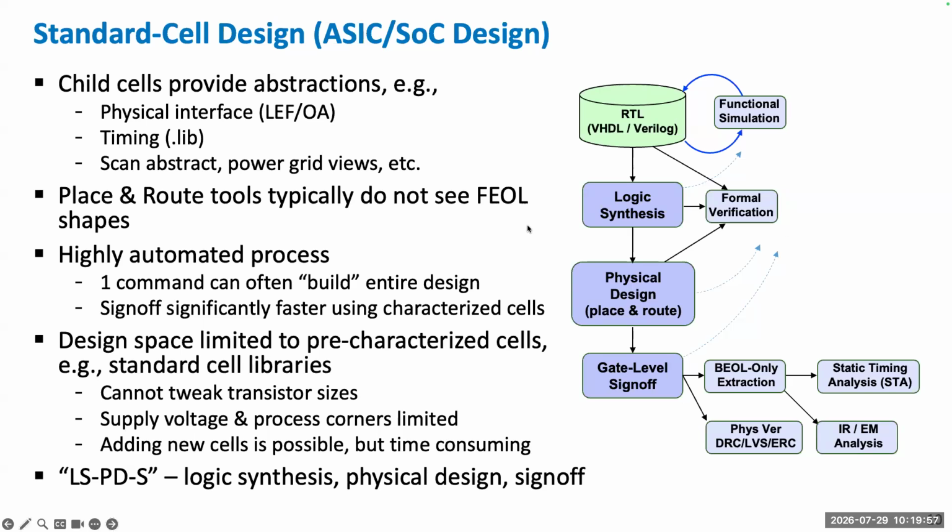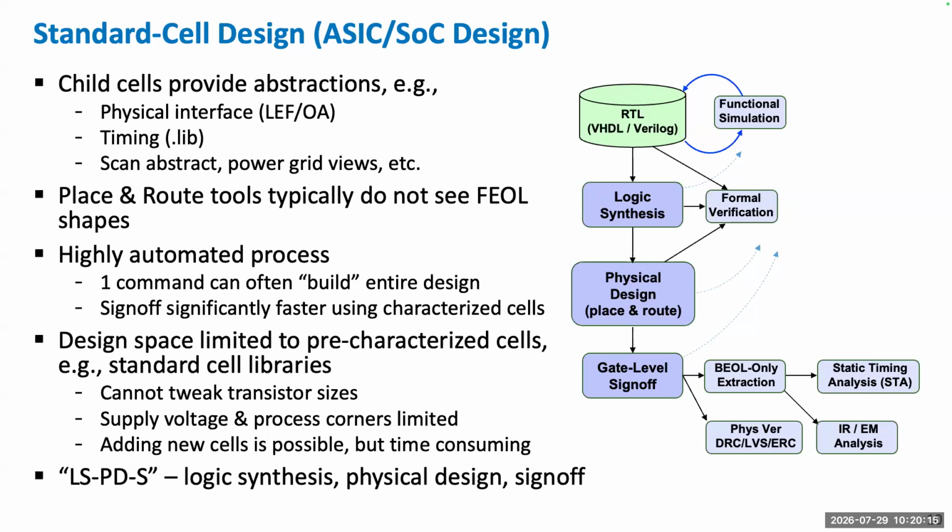And there's a trade-off. I think we've learned to live with this trade-off, but if you're doing a highly detailed design, you may need to roll back to a custom view. So for example, tweaking transistor sizes, probably not possible within this space.